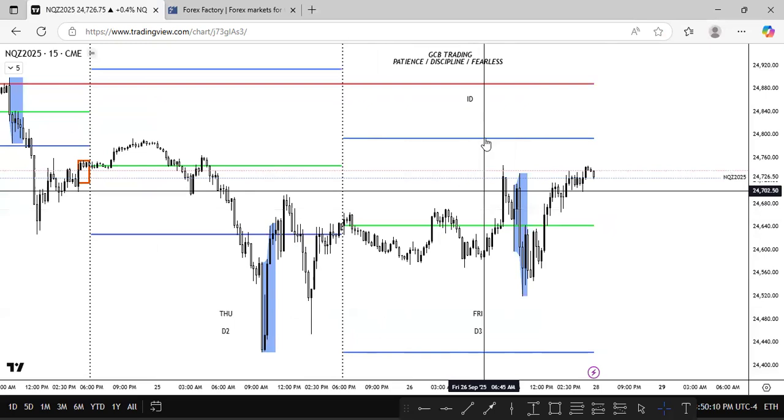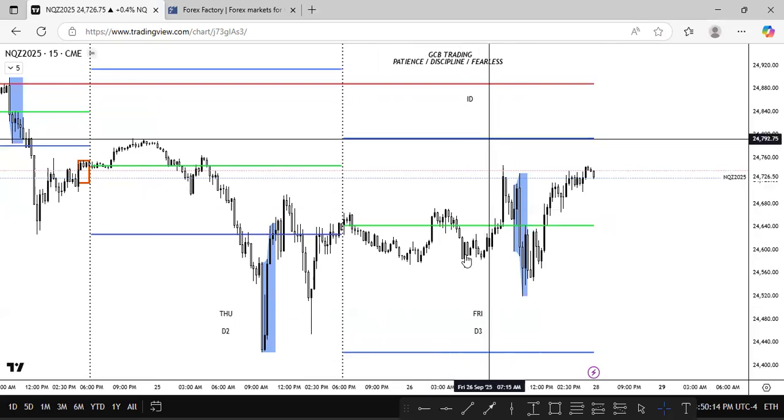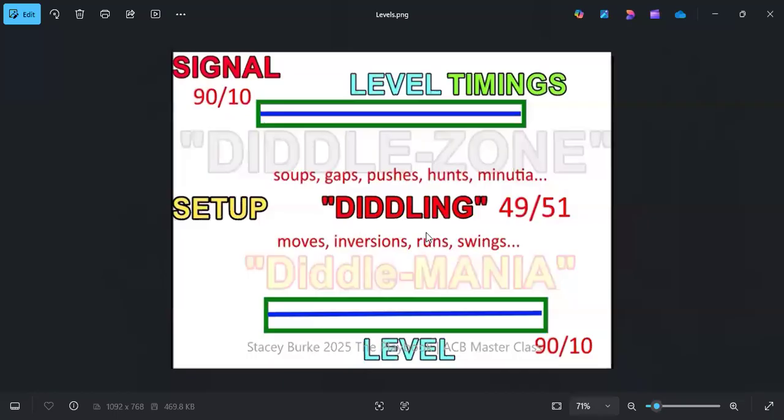Nope. It didn't even break out on the day to give us a signal on the day. It is inside. So NQ is diddly. 49.51. No signal, no setup on NQ on Free Cash Friday.